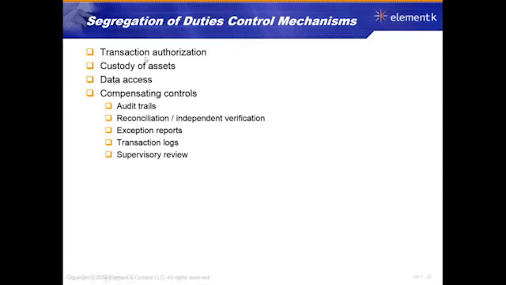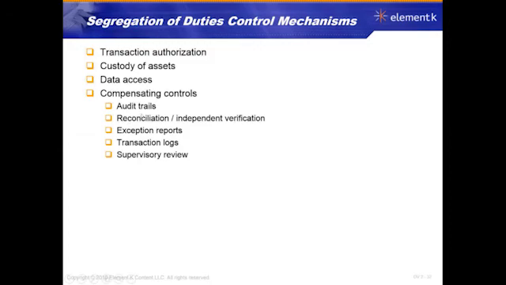Different mechanisms: if you're going to do a transaction, it's got to be authorized by someone else. If you're going to have custody of assets, you can't use them. Somebody else uses them and you just simply take care of them. If you have access to data, maybe you can write but you can't read, or vice versa. Or maybe you can read and write but you can't delete, or it takes a supervisor to override something.